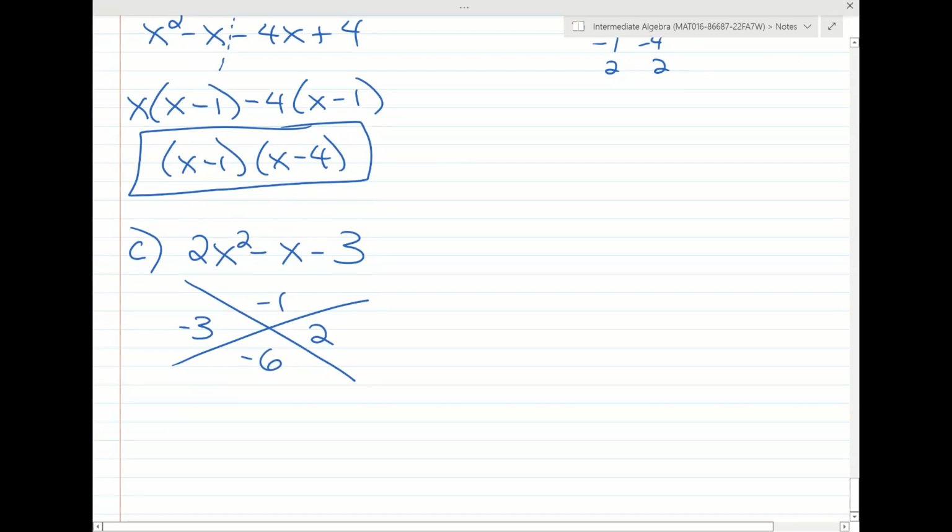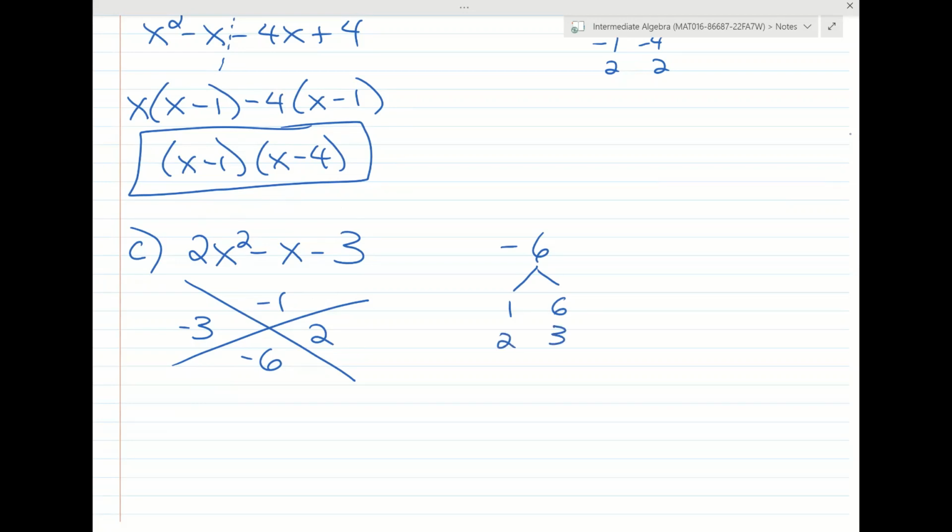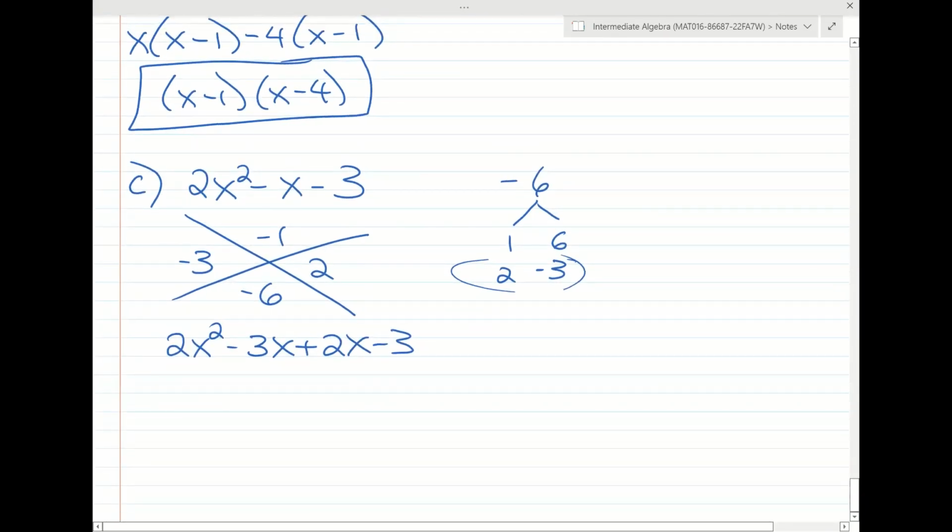Hardest part is just finding those numbers, but what I would do is start with -6 and do 1 and 6, 2 and 3, and be like, okay, I have to add them up to get -1. So if I make the 3 negative, then those are the numbers. So we get 2x squared minus 3x plus 2x minus 3. Cut it down the middle.